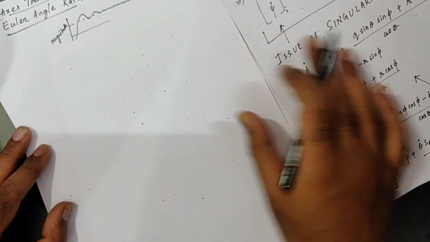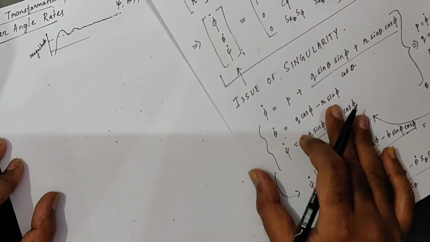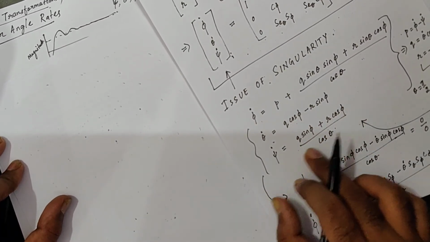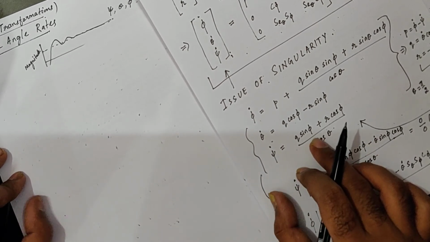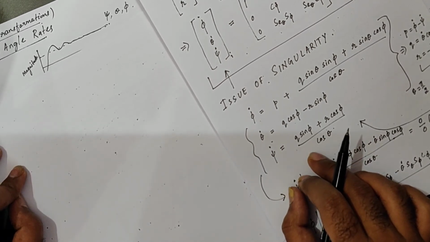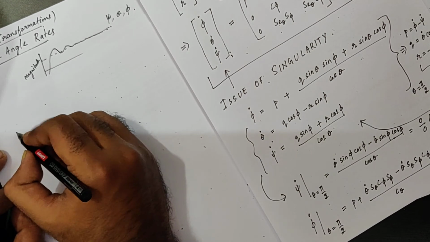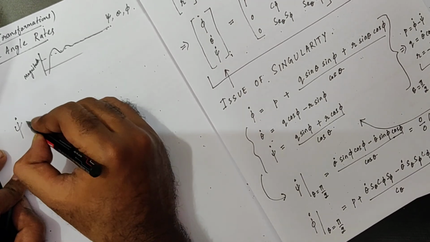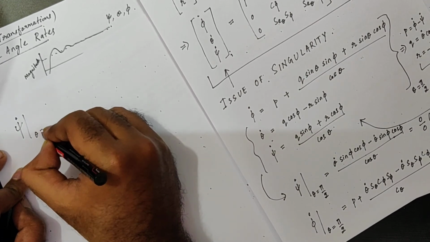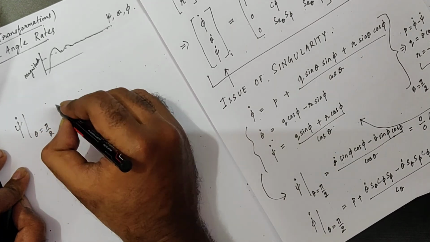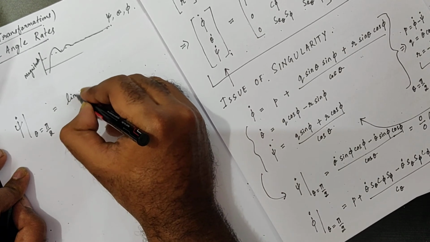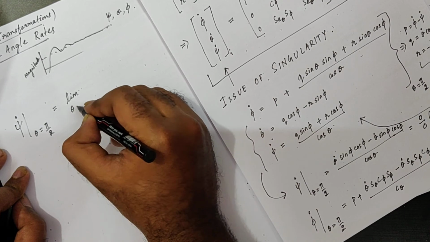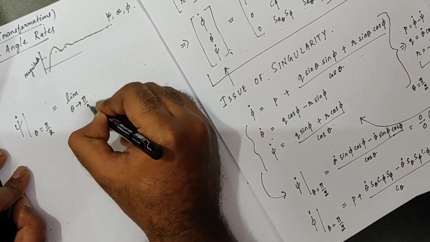So let us proceed with L'Hospital's rule and see how we can get around this issue. Let us write it down. Psi dot at theta equals pi by 2 equals the limit as theta tends to pi by 2.